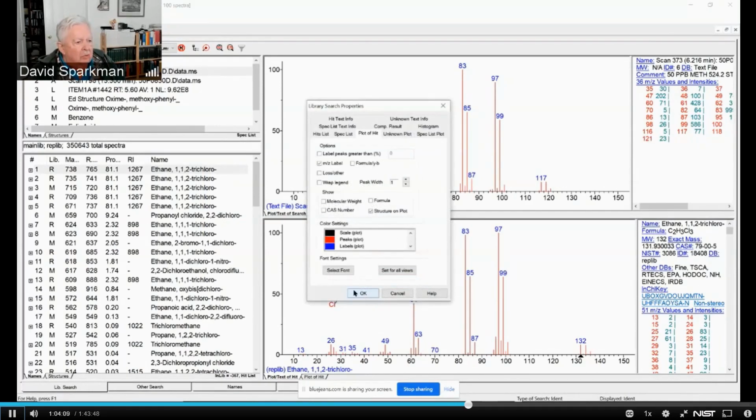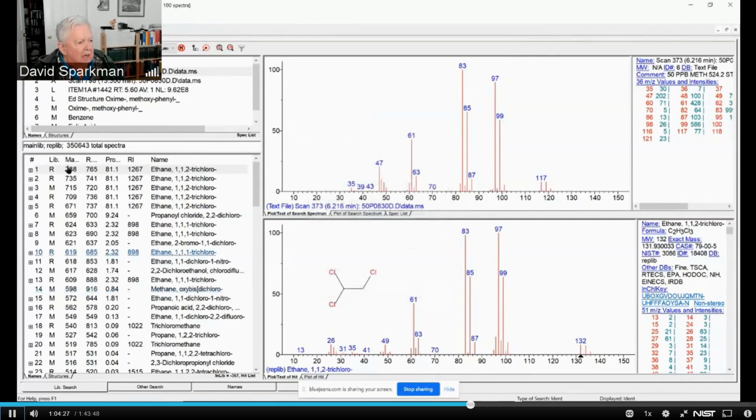And you can do things such as change the fonts. And once you've changed the fonts for one window, you can also specify that you want to change the fonts for other windows.